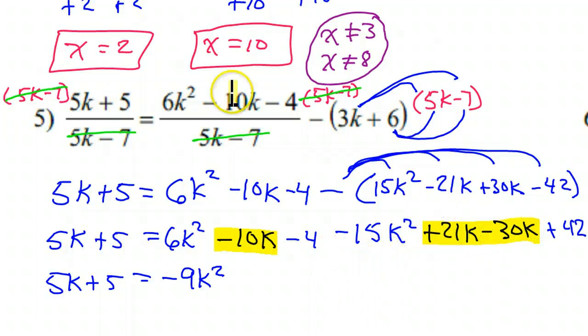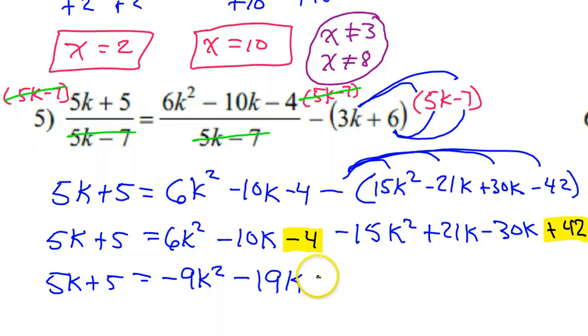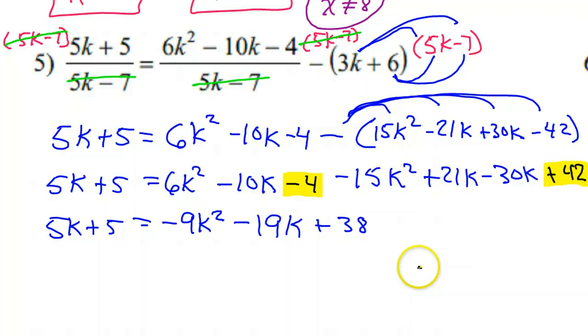So putting these three together, -10 and 21 is 11. Alright, and then that's 11 minus 30. That's -19k. Alright, and then I have, these are my other like terms. So this is going to be plus 38, putting those together.